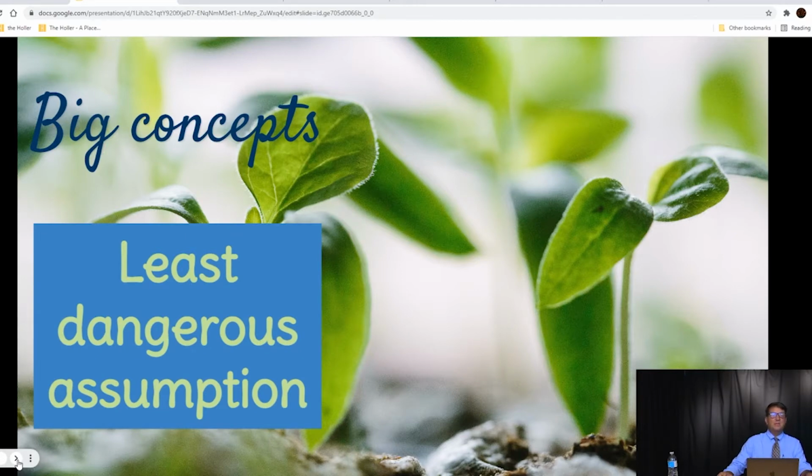We're going to use the least dangerous assumption by considering that all students can learn, and all students can learn to a great and driven detail. And so we would only need to create training around the fact that there's going to be a very small percentage of our students that are going to need these additional supports and going to need to be assessed alternatively.